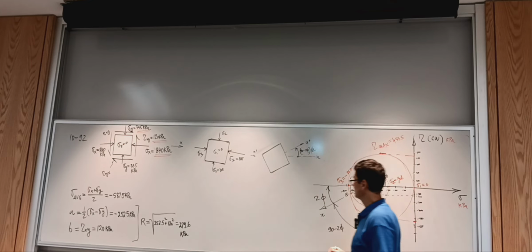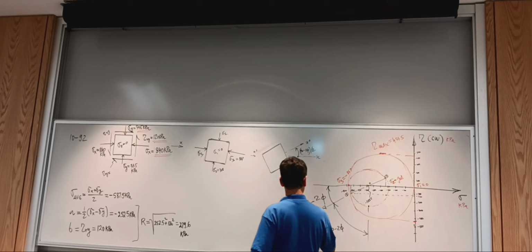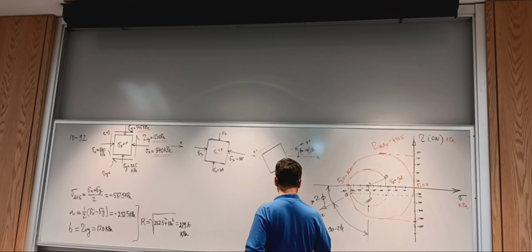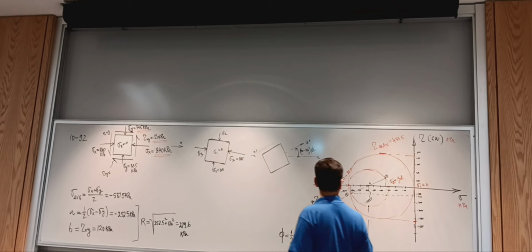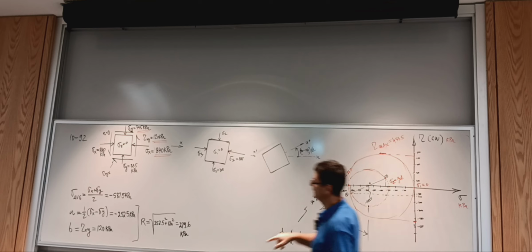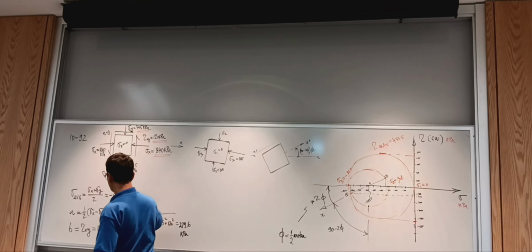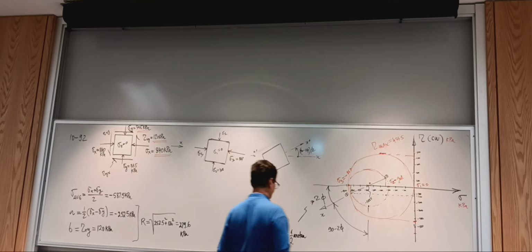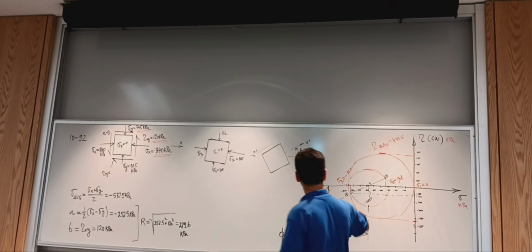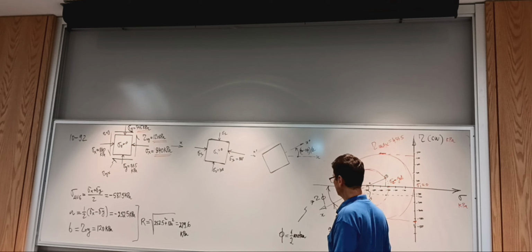So what is phi? How do we get phi from here? It's an arctangent, half an arctangent of b over a, which we already have. And I take them as absolute values because I have the drawing that helps me.